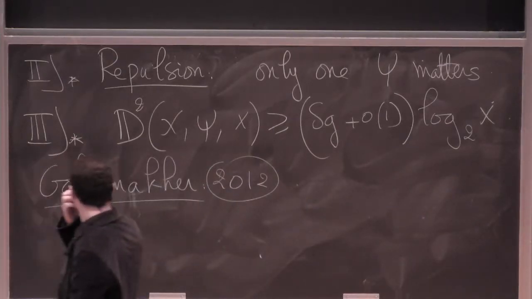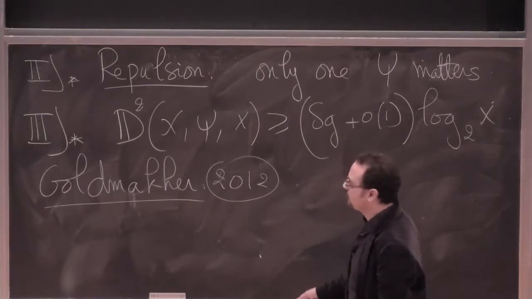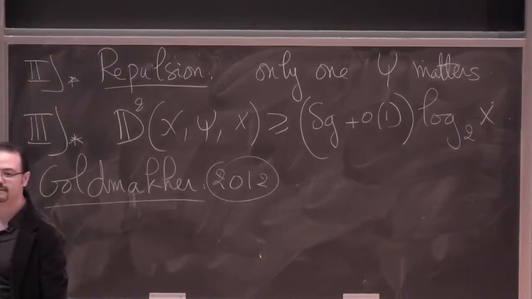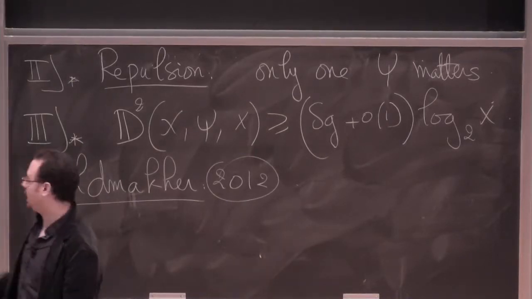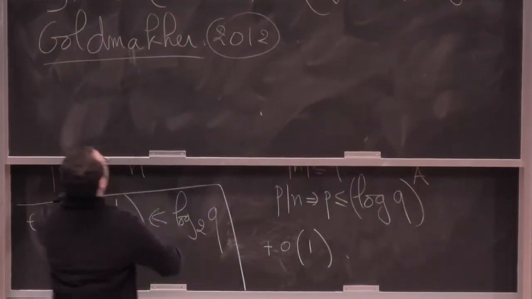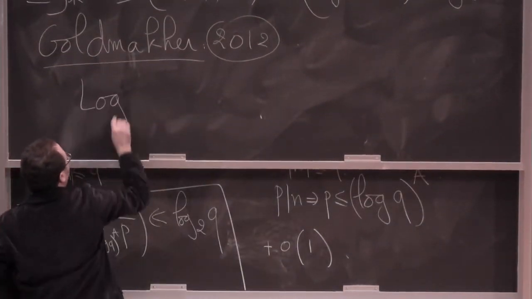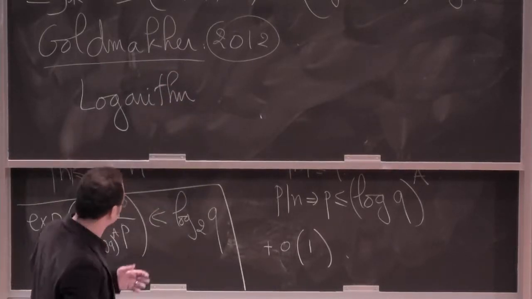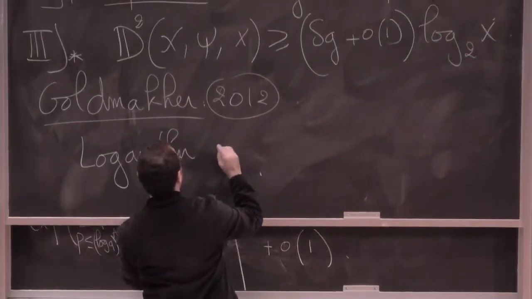So instead of using this inequality that relates mean values of completely multiplicative functions to the distance, Goldmacher used a version of Halász's theorem. Halász's theorem is really the best ingredient to study mean values of complex valued functions.